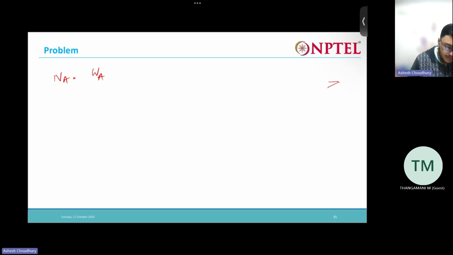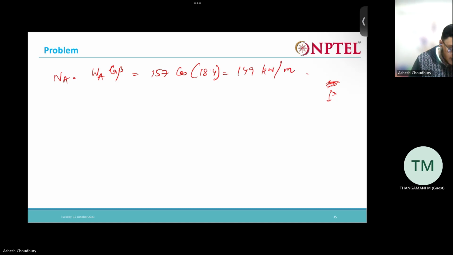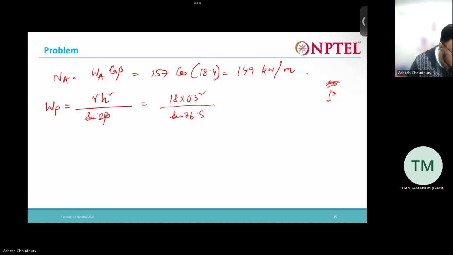It is acting downward, so the cosine component, WA cos beta, and the weight of the passive wedge. Twice beta, twice 18.4, 36.8.